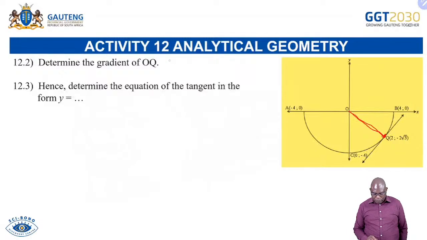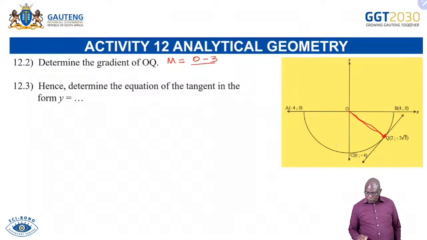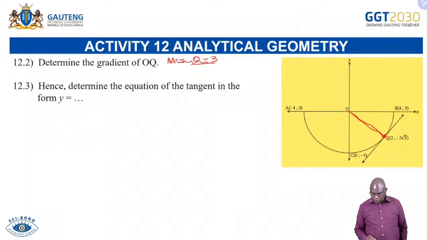It's going to be m equals 0 minus 2 root 3. But the 2 root 3 is a negative, so that should be a positive, because I'm taking a 0 from here, so it's 0 minus a negative number.